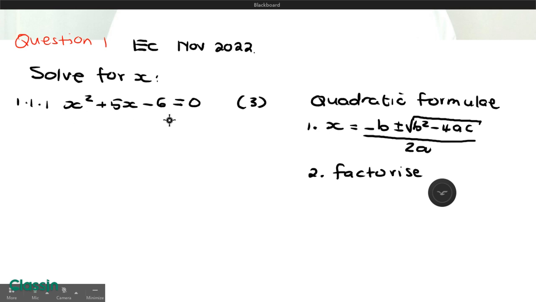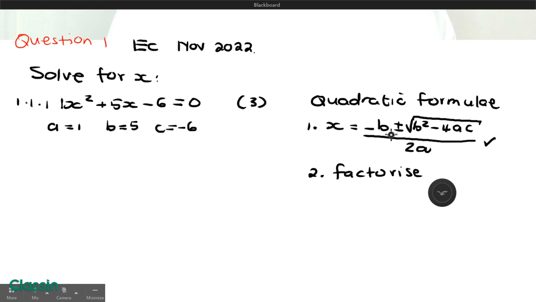You can factorize this as a trinomial. Now, if you use the quadratic formula, the coefficient of x squared in this case is 1, which means the value of a is 1, the value of b is 5, and the value of c is negative 6. So where do we find a, b, c?